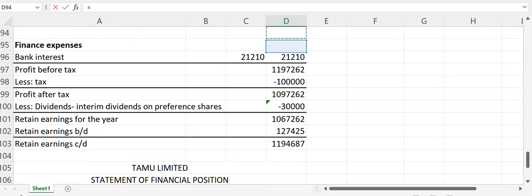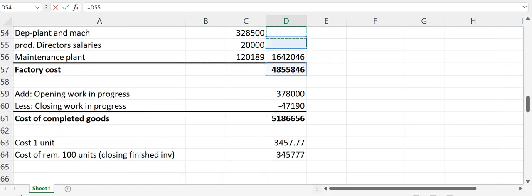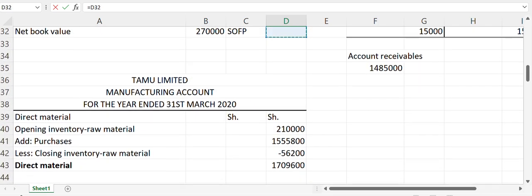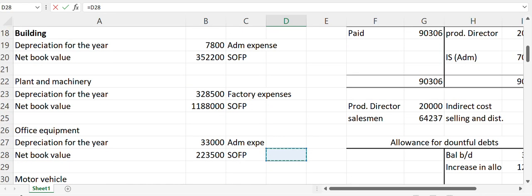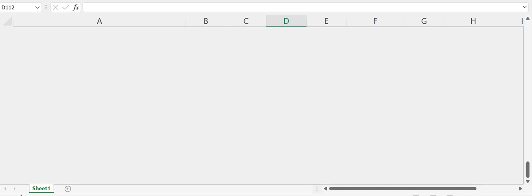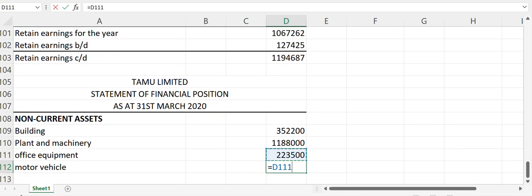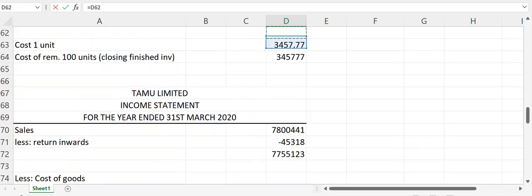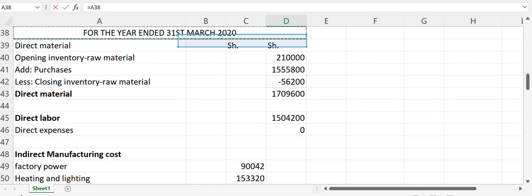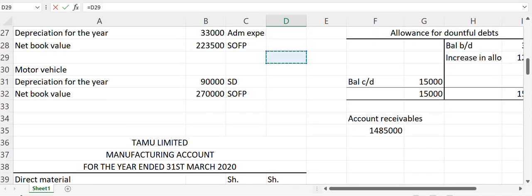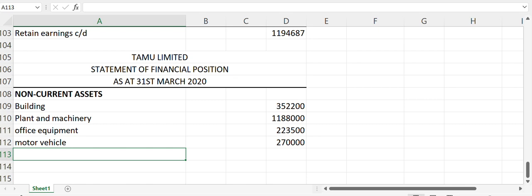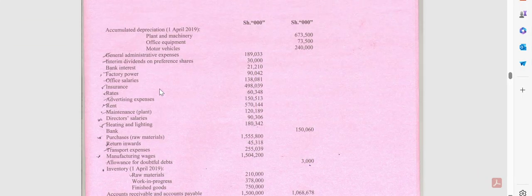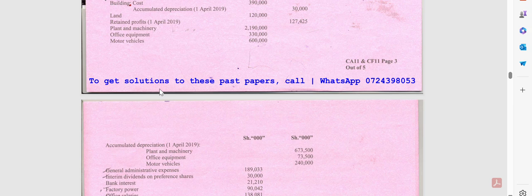For office equipment, that, and then motor vehicle, that. So let us check whether we have any other asset in our trial balance. So building, we are done.